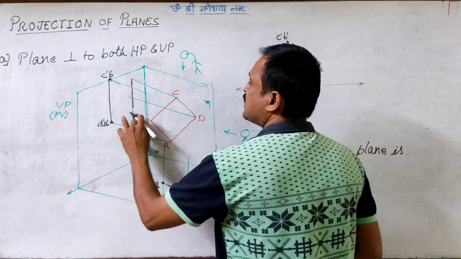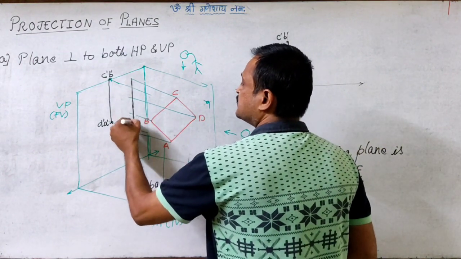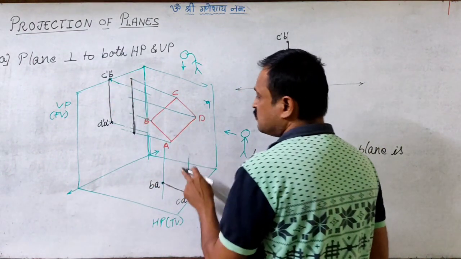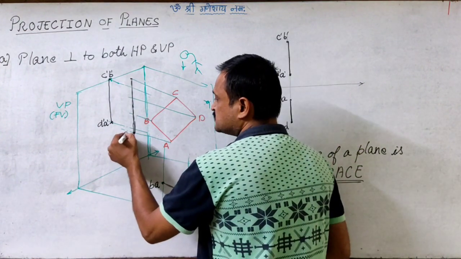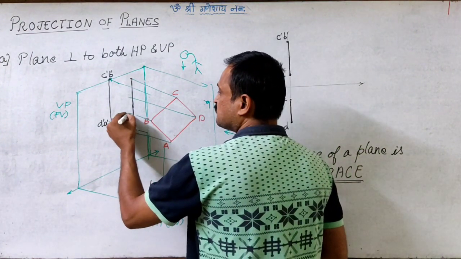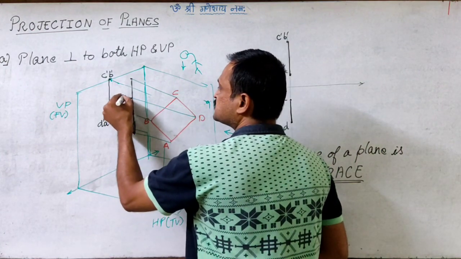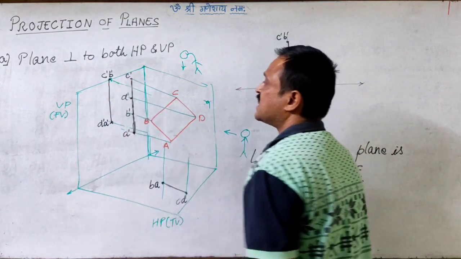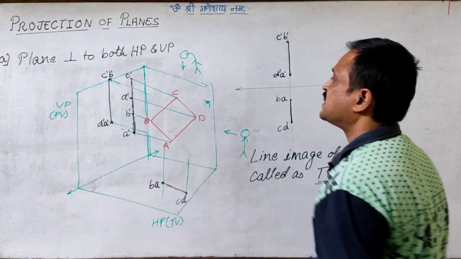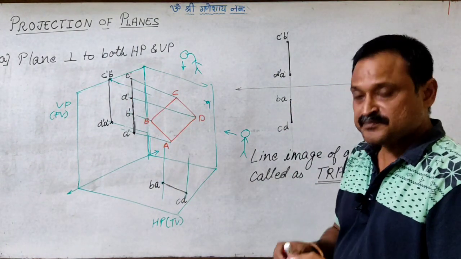But what will happen in this case to the trace? This is the projector of A, so this is A dash. This is the projector of B, so this point will be B dash. This is D dash and this is C dash. So here the image has changed, right?